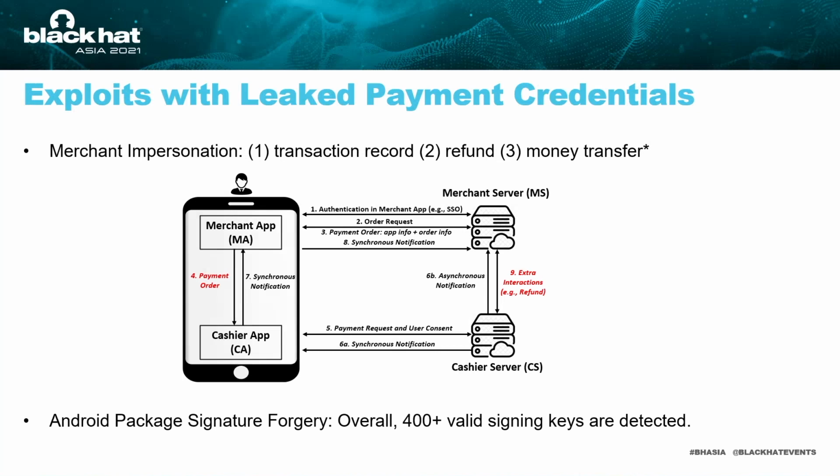So first, with the leaked payment credentials, the attacker may impersonate the benign merchant and forge requests to the cashier server for some critical operations, which include downloading transaction records and refunding paid orders. In some cashiers, the attacker may even steal money from the merchant's cash account by crafting a money transferring request.